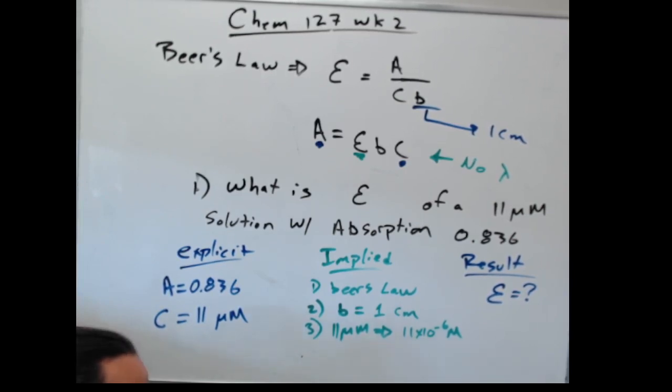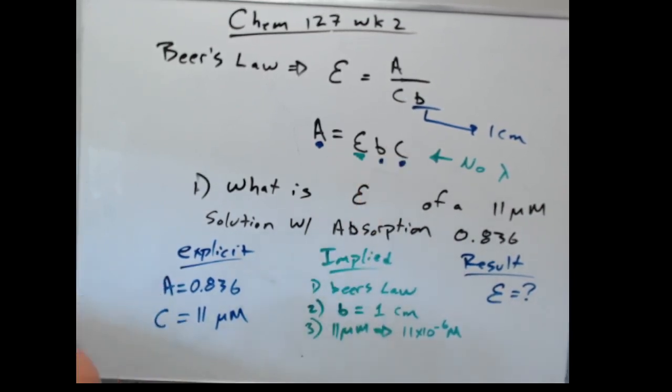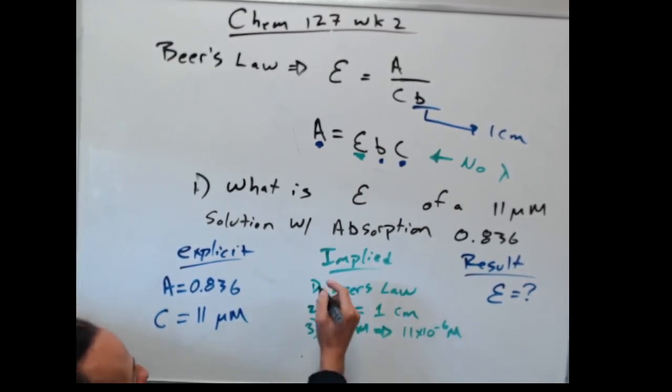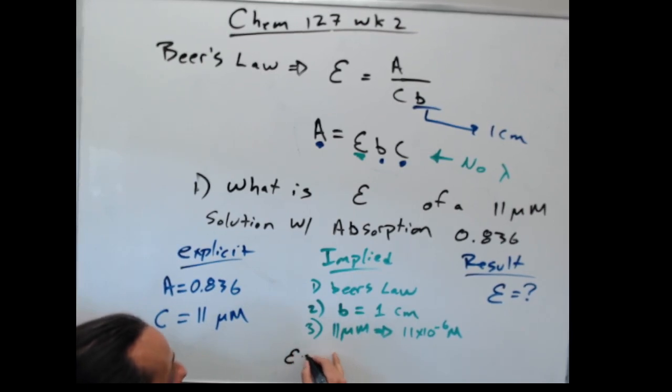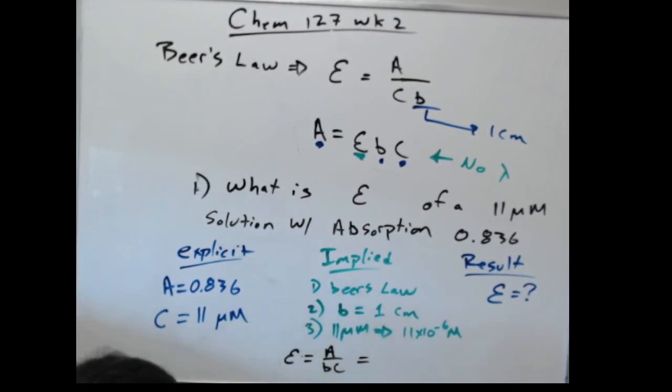At that point, I've figured that out. Now I just rearrange the equation and solve for epsilon. I'm going to end up with epsilon equals A over BC. Plug all of my values in. All of my calculators are in a pile over here right now.